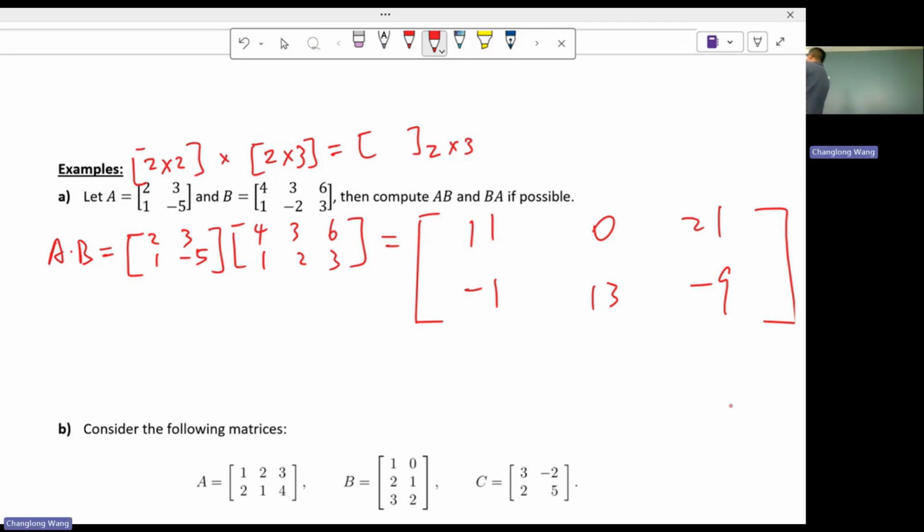So now for a problem like that, you'd be better off getting it right the first time. I'm not saying that you have to, because it will be frustrating if you go back and forth and check it, right? So basically, every time you work on an entry, just be careful. Ask yourself, which element is that? Or let's say this guy. You say, well, that's the second row, second column, right?